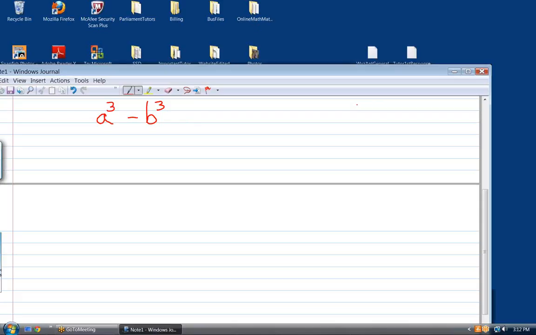So what does this factor into? That factors into, okay, so A times... Same sign. Yeah. In other words, it starts out factoring very much like difference of squares.